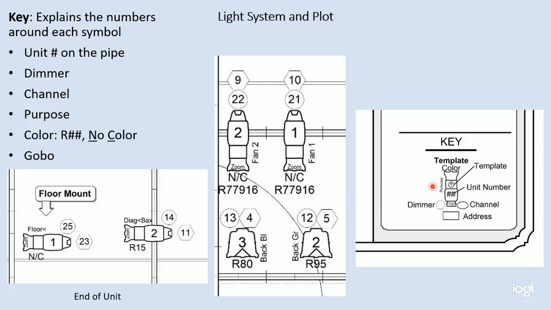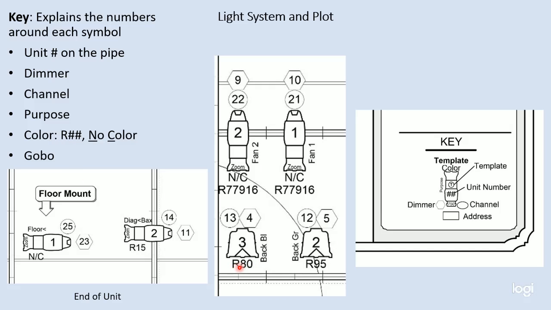The other number that's located on the front of the light, and it's often preceded with a letter, whether it's an R or a G, an Apollo, that letter stands for the gel manufacturer, and the number then is what color it is.